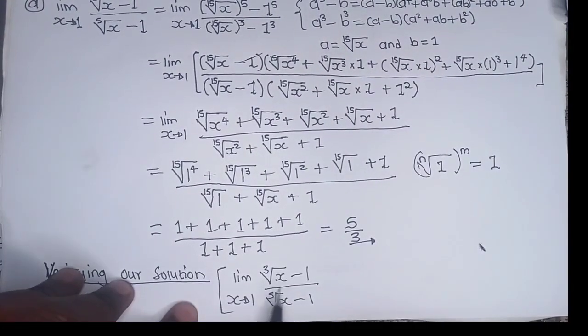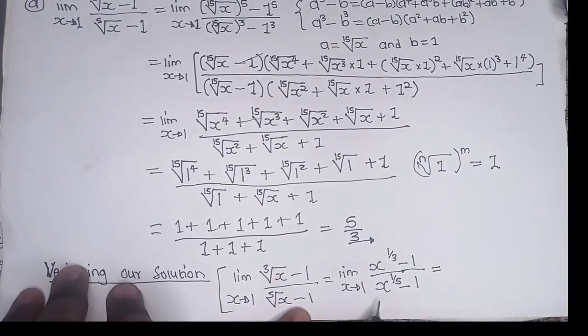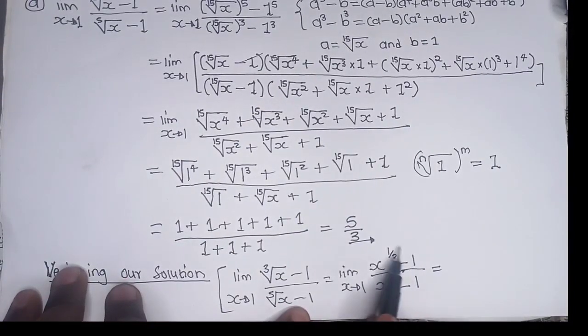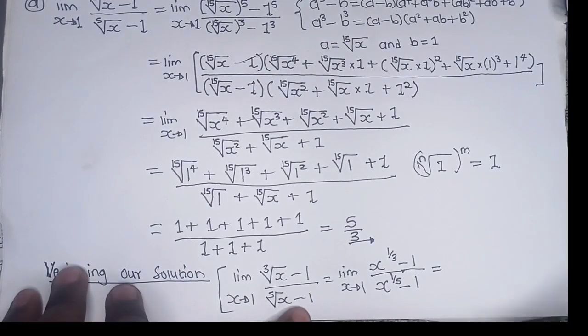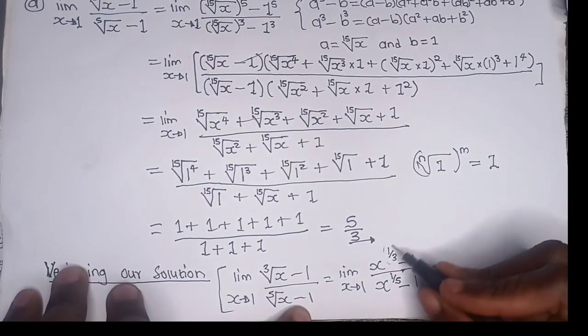Remember, the cube root of x can be written as x to the power 1/3, and the fifth root of x can be written as x to the power 1/5. And according to the rule we discussed in the previous video, if we are having a limit of this type, what we can do to find the solution is easy. We just divide the powers.